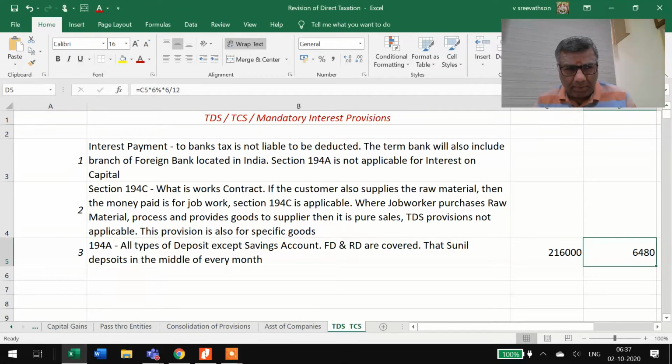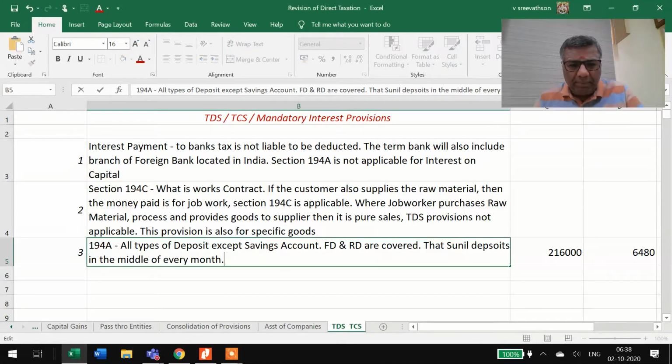Is my working correct? 18,000 per month. The total interest is 6,480.